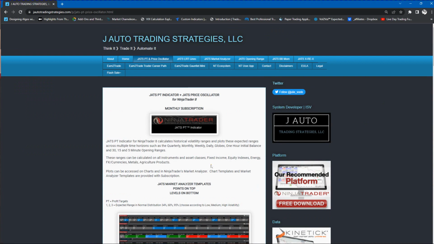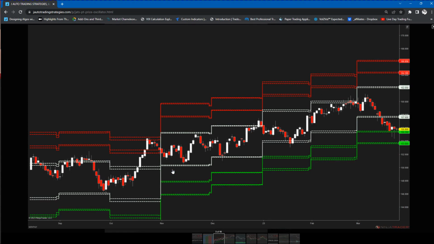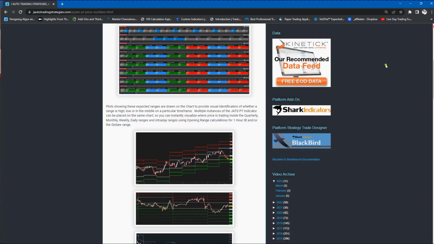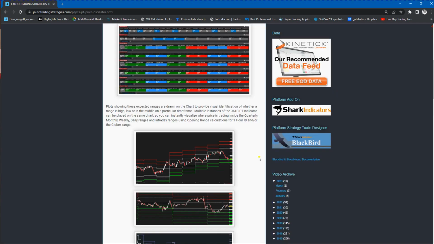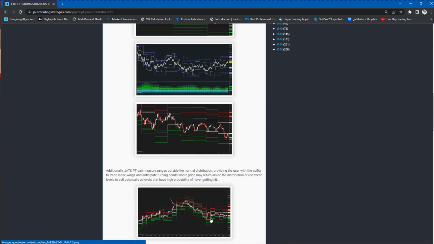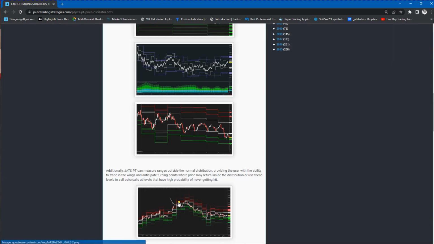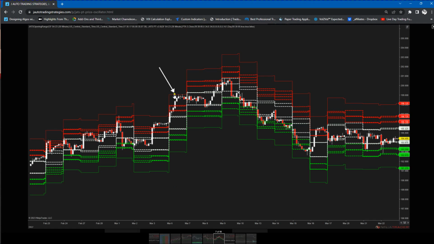Works for all asset classes: fixed income, equity indexes, energy, FX, currencies, metals, agriculture products. It's all the same, these ranges. So monthly, weekly, quarterly, daily, and then we saw just now even down to the 1 hour IB. They also have tails, so you can set an outside tail going out of the distribution a certain distance, especially if you like selling premium.